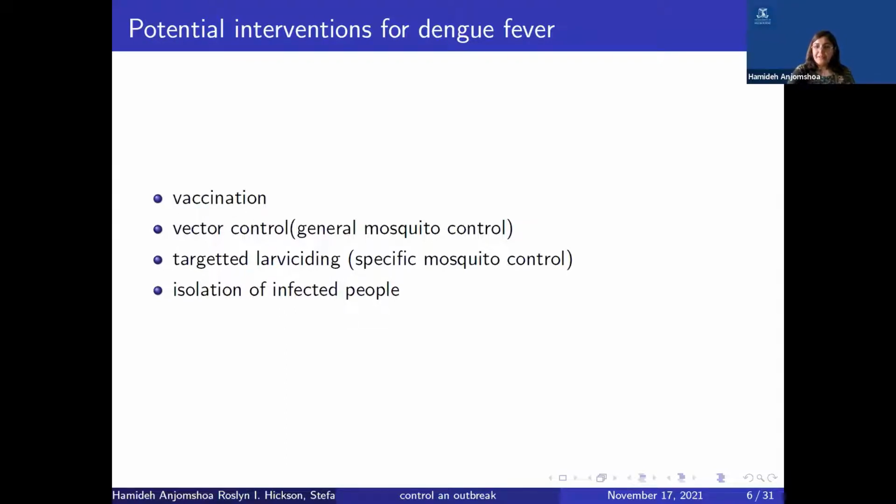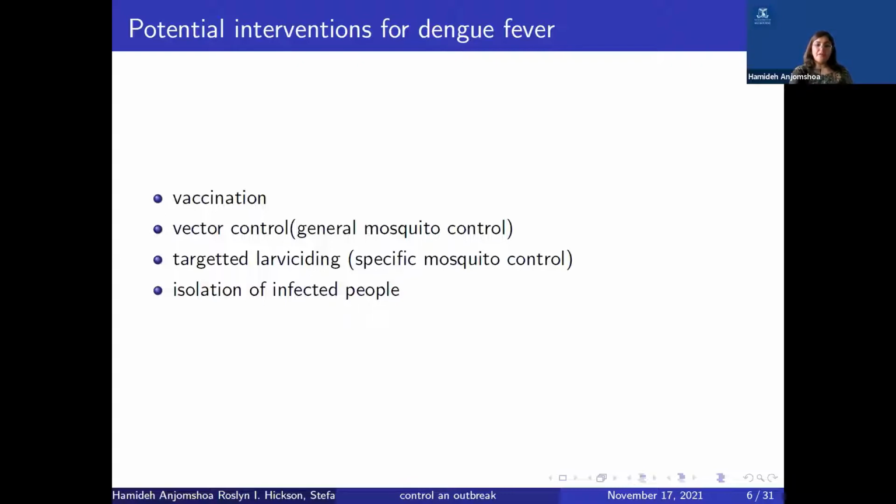Again, for dengue, there are some limitations on the vaccine for certain populations, but let's imagine that the whole population can use the vaccine. And there are two different controls for the mosquito, called vector control and targeted larviciding, if I ever learn to pronounce that. The other intervention is isolation of infected people.